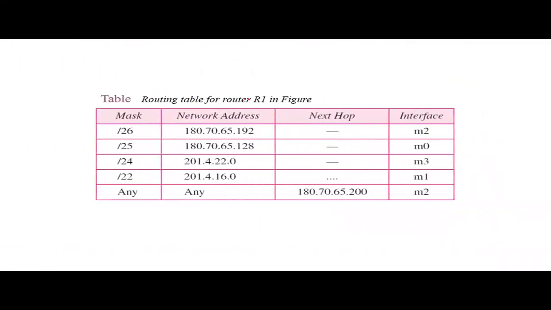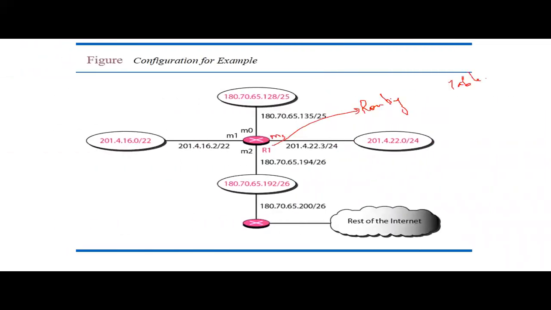So the routing table for this router is: first we have written the mask /26 with the network address as follows. Since there is no next hop, we have left the space blank and it is M2. Now for the next row, if we are choosing the mask as /25, then what will be the network address?